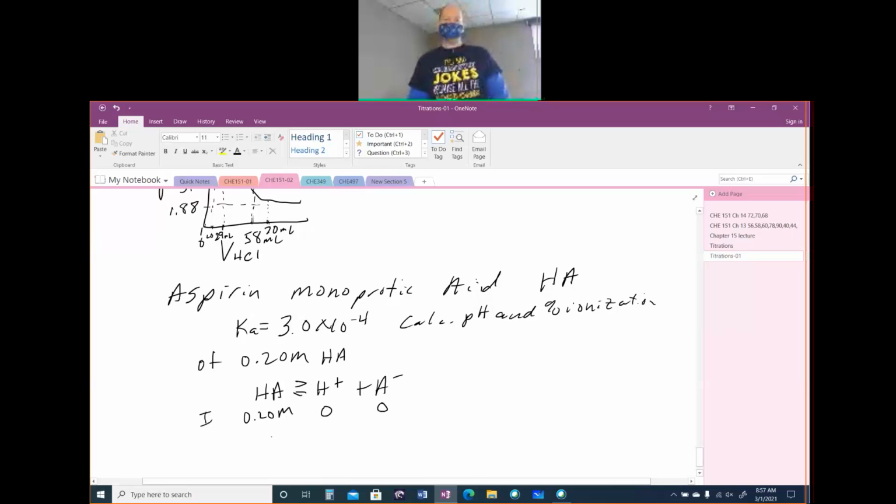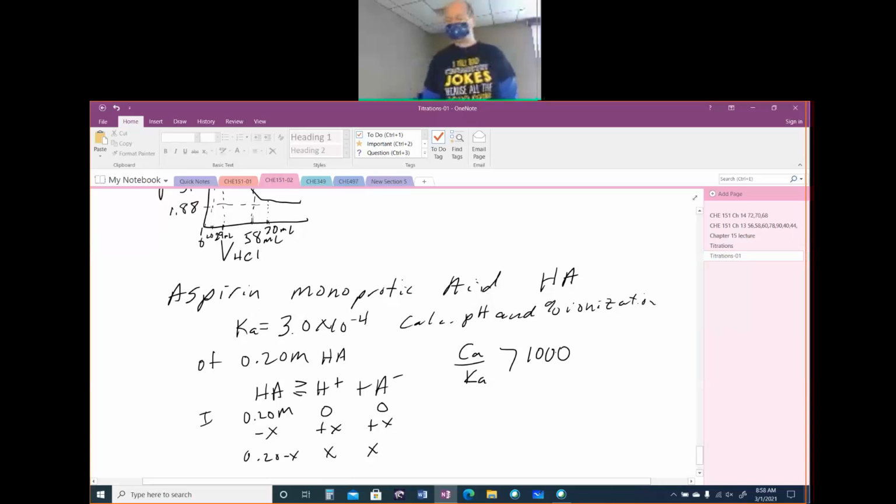All right, and so you can't have zeros, so minus x, plus x, plus x, and so you have 0.20 minus x, x, and x. So remember, we have our shortcut Ca over Ka. If that is greater than 1,000, then we don't have to check our x value.